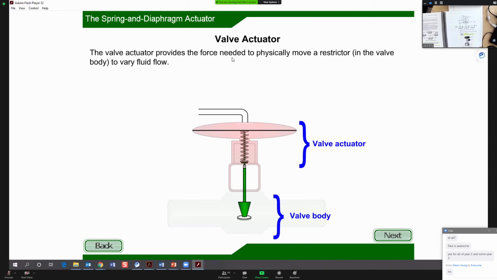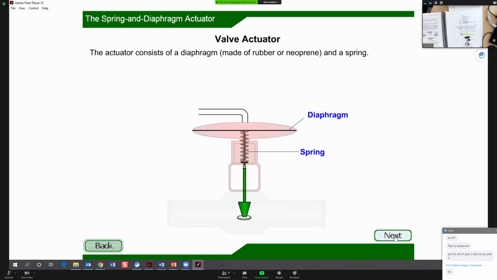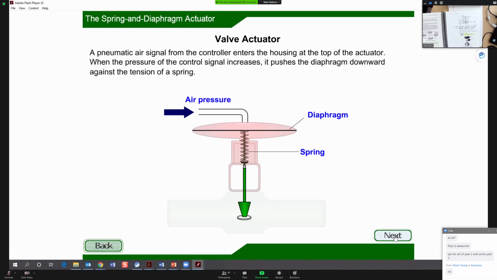The actuator provides the force needed to physically move the restrictor. They usually have a spring and a diaphragm, and use air to control it. The air pressure can go in there. We have air to open and air to close.